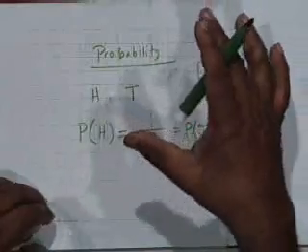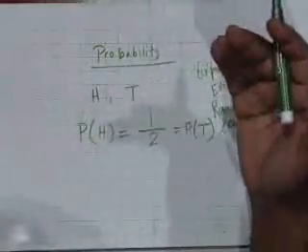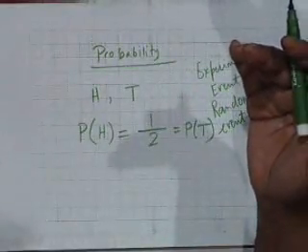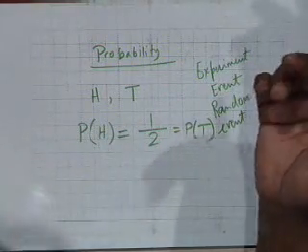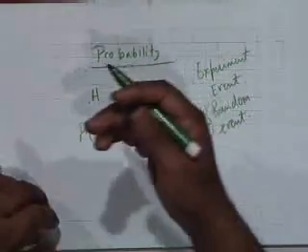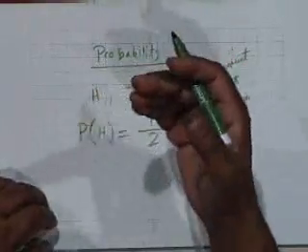Well, I have not yet given a formal definition of probability, but qualitatively the probability of getting a head or the probability of getting a tail is half. That is, if you carry out the experiment capital N number of times, it is expected that N by 2 times head will occur and N by 2 times a tail will occur.